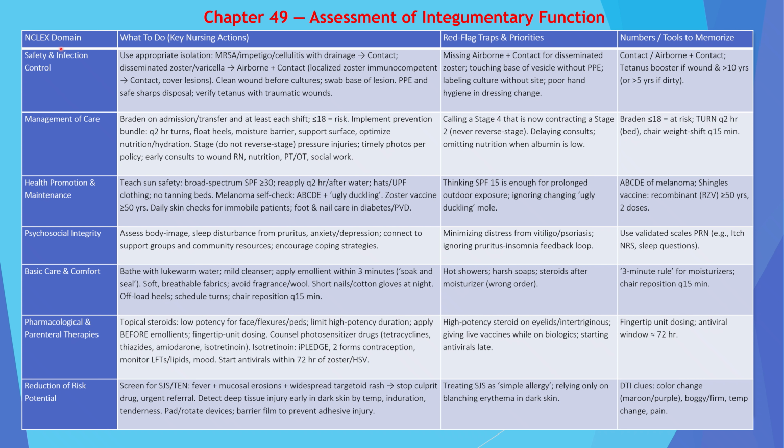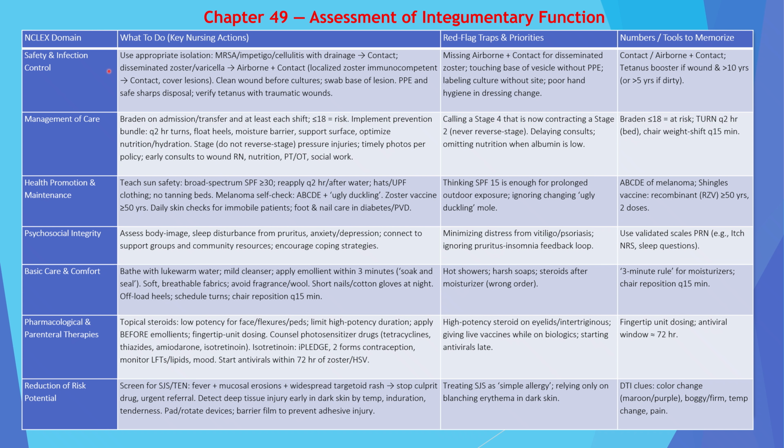Here are the NCLEX domains and what to do, right? This is a key for nursing action: use appropriate isolation. If MRSA, impetigo, cellulitis with drainage, contact. Disseminated zoster and varicella, airborne plus contact.